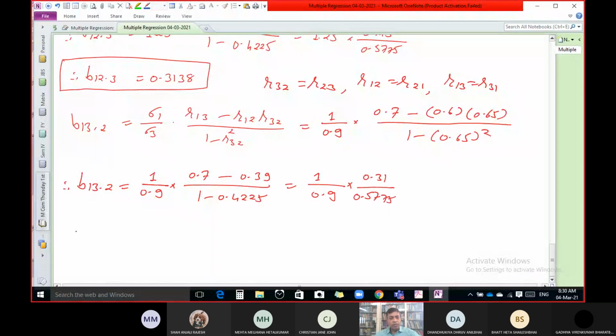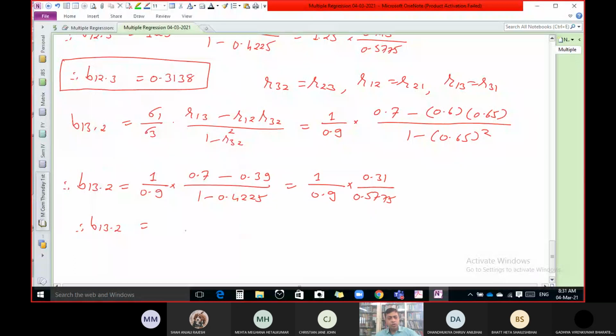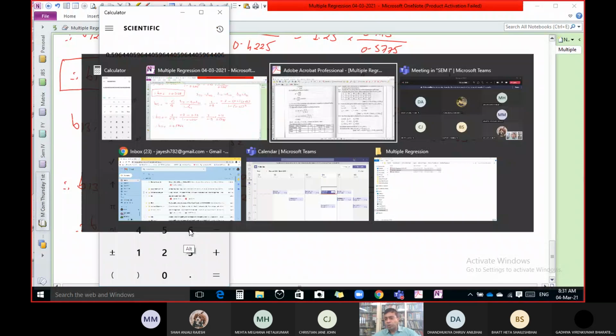So let us calculate this value directly now: 0.31 divided by 0.9 divided by 0.5775 is 0.5964, or you can write simply 0.59.